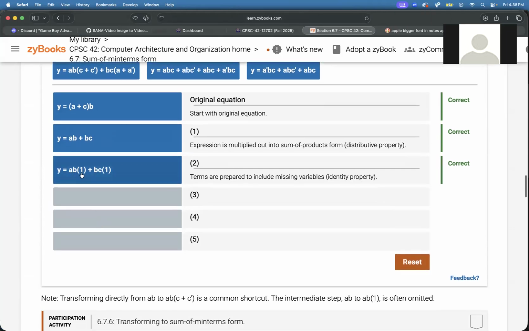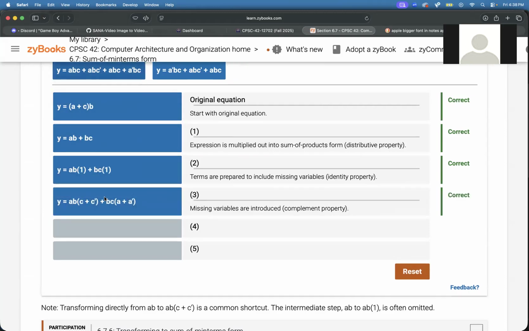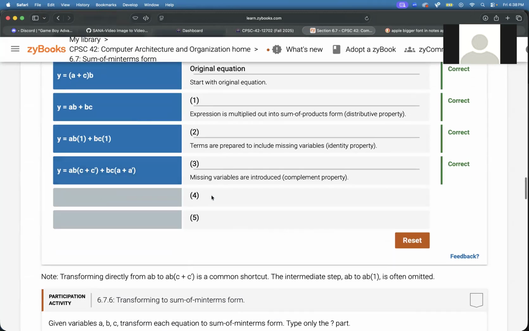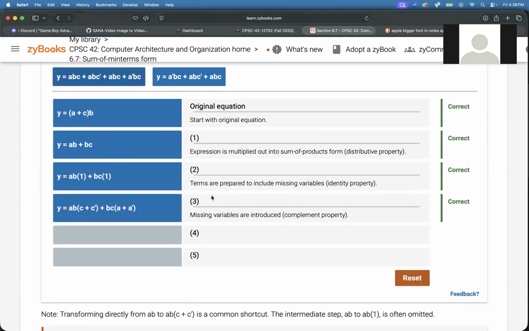Then on the first one, we should replace the one with C plus not C. And on this one, we should replace it with A or not A, which I see here. Then this should just all be multiplied out. So if we multiply it out, we'll get A, B, C, A, B, not C. So two terms. And this will give us A, B, C, and B, C, not A. So you get four terms, two when you multiply this out, two when you multiply this out.